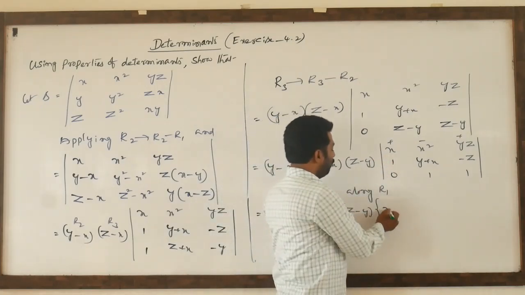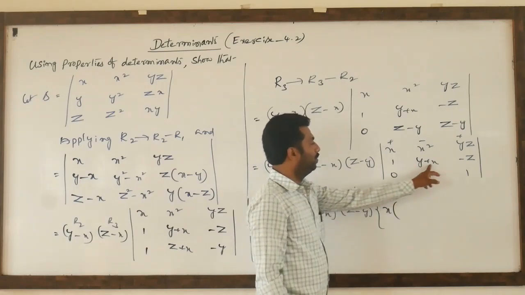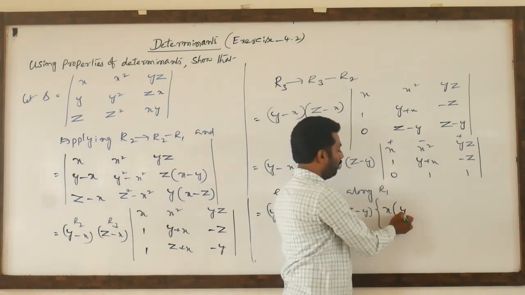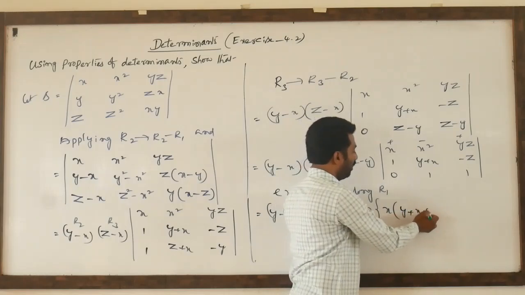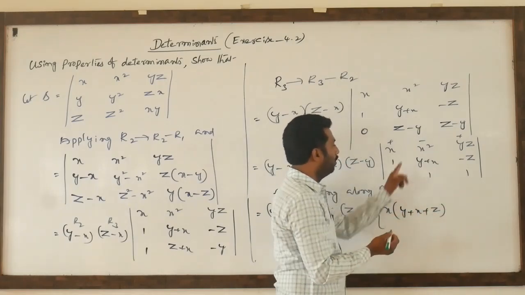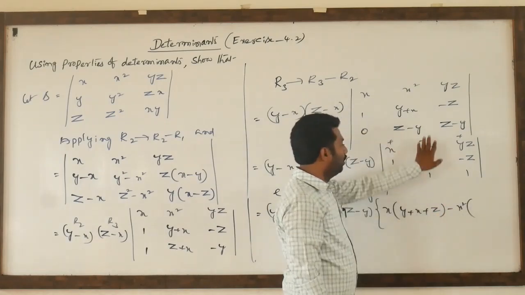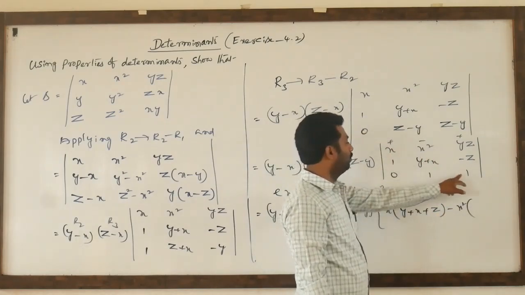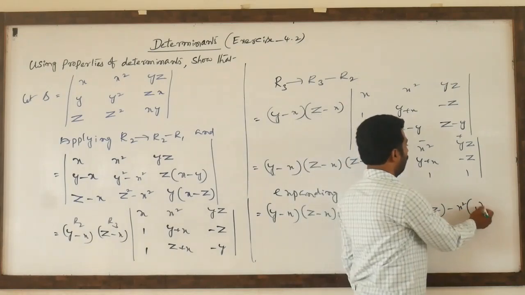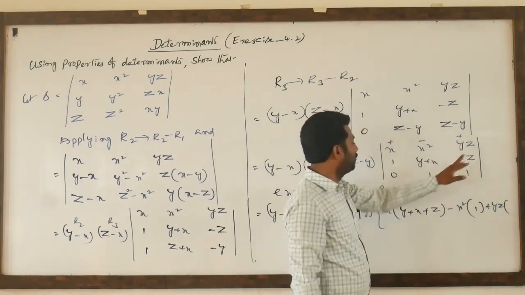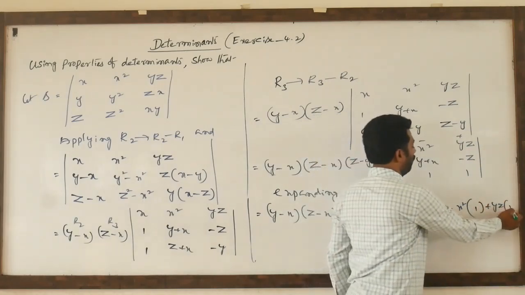So x into, this is what we will get here, y plus x plus z will come, minus x square into, you close this column and this row, this is 1, plus yz into this is 1.